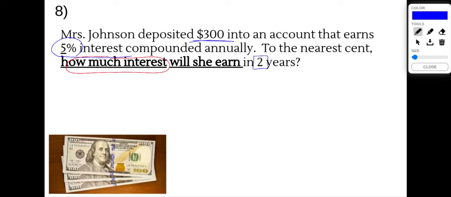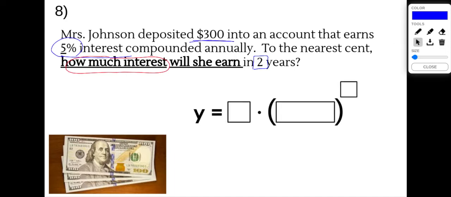Okay, I think we're ready to set up our equation. Because it's a percent, I'm going to have a pretty big parentheses here. I got a lot to put in there. Okay, we're starting with what, $300? Okay, and because I'm making interest, my money's going to grow. So this is 1 plus. And then go over to the 5%.